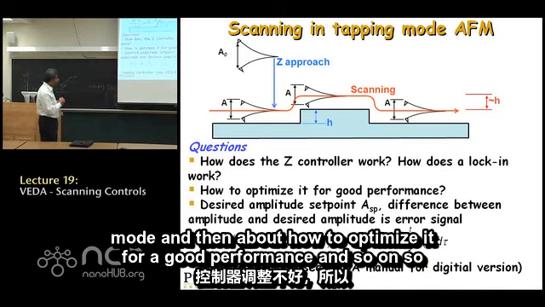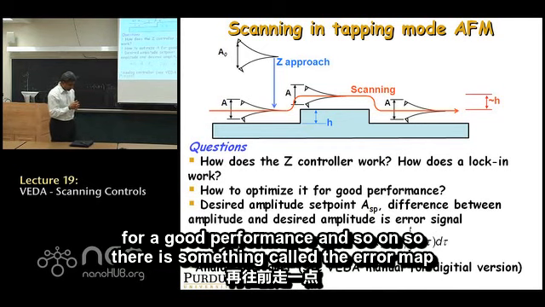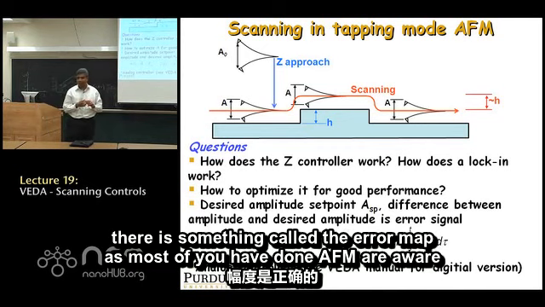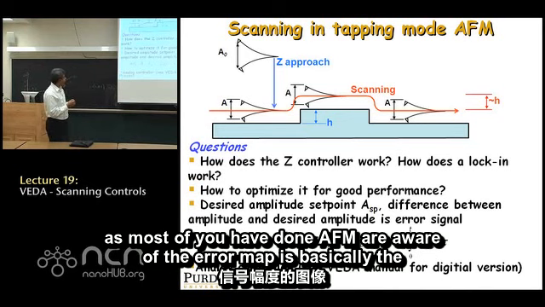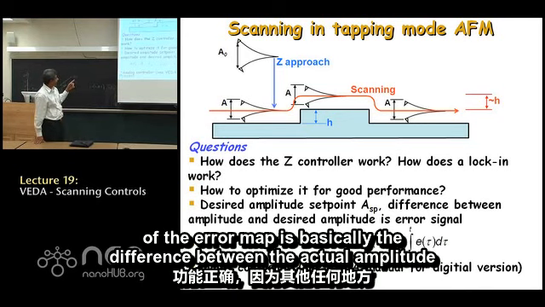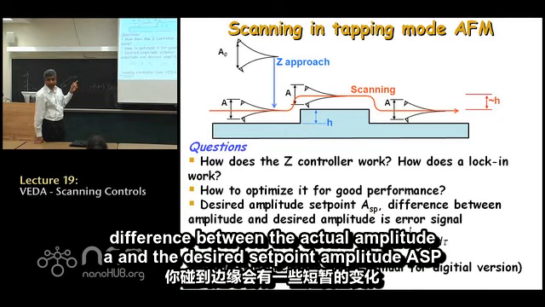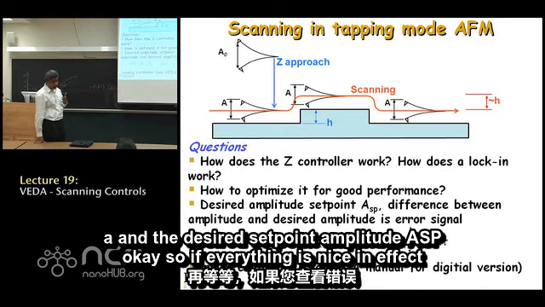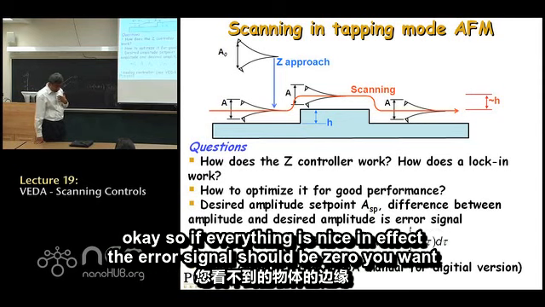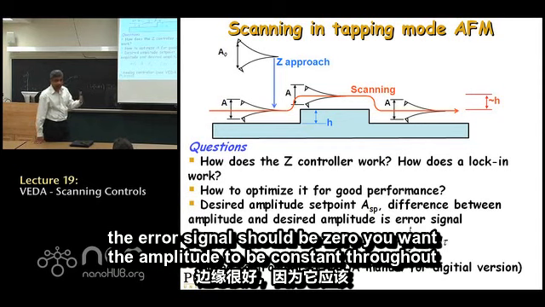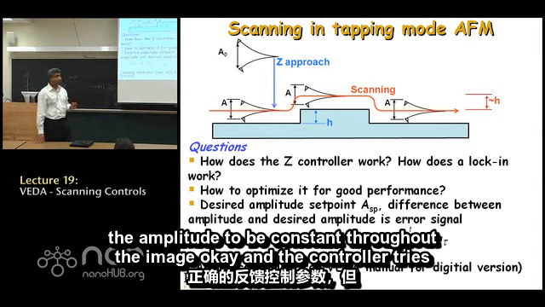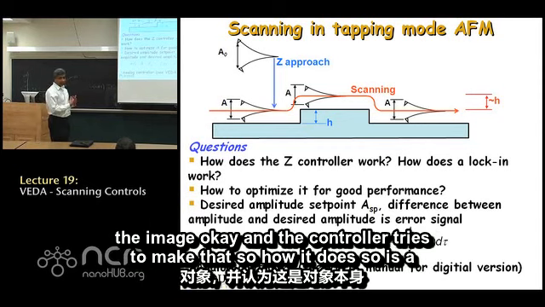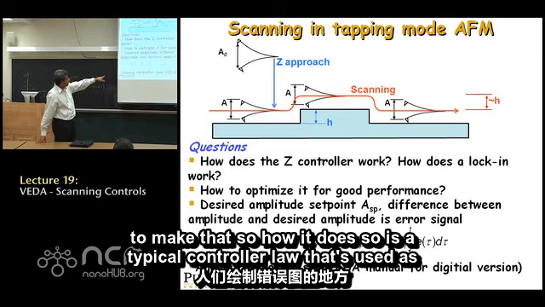So there is something called the error map, as most of you who have done AFM are aware of. The error map is basically the difference between the actual amplitude A and the desired set point amplitude ASP. Okay? So if everything is nice, in effect, the error signal should be 0. You want the amplitude to be constant throughout the image. Okay? And the controller tries to make that so. A typical controller law that's used is what's shown on the bottom right.